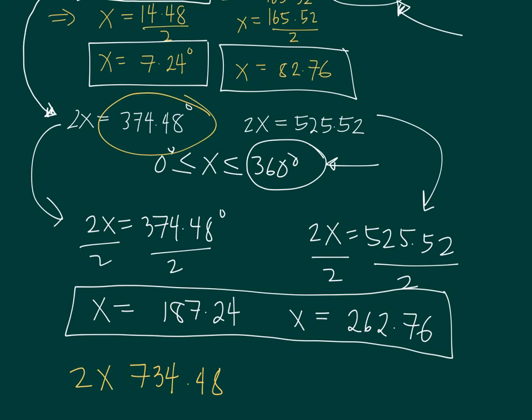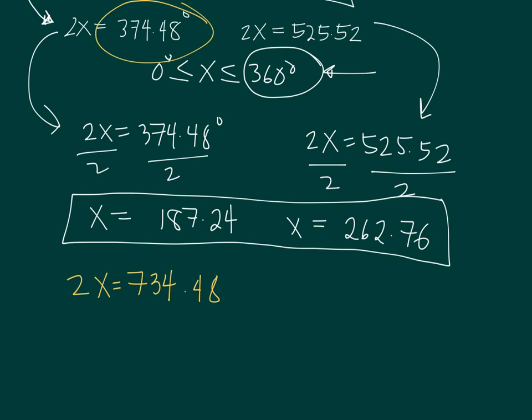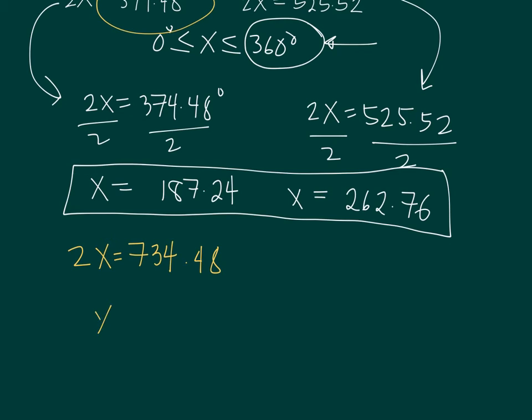So maybe an x could still be from 734.48, but if we divide that by 2, you get x equals 367.24, which is already above 360. So if we would consider 525.52 plus 360, which is a bigger angle, then definitely that will give you an x that is already bigger than 360.